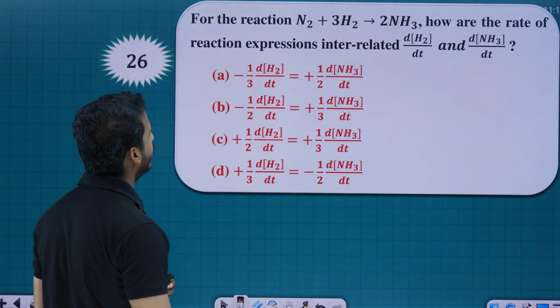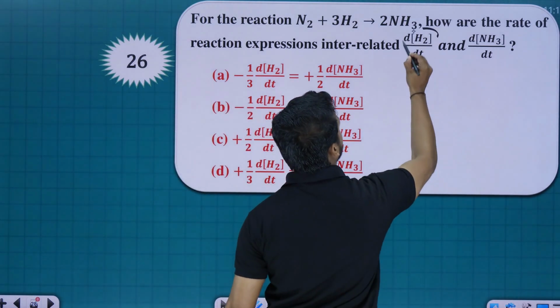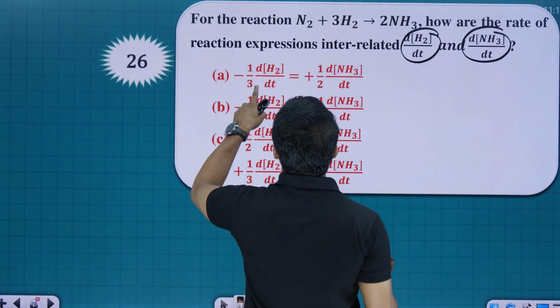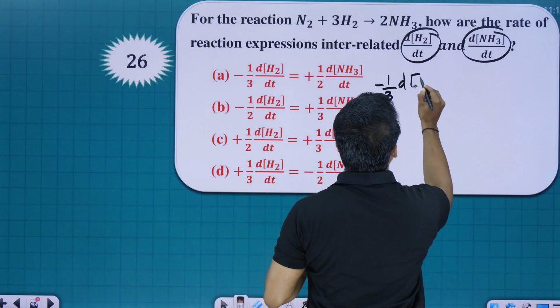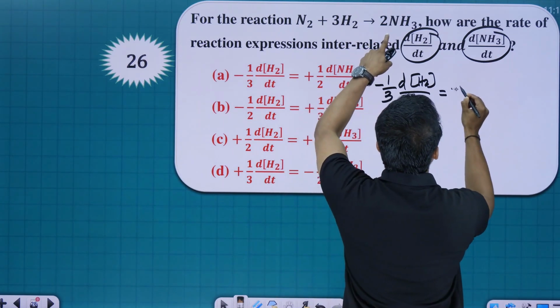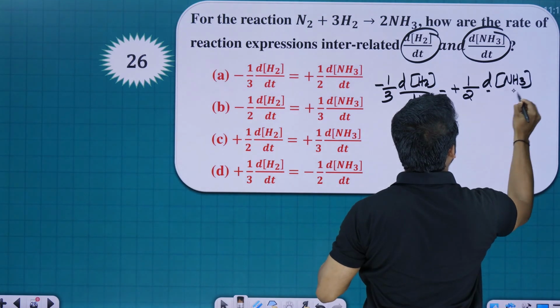Next one, for the reaction N2 plus 3H2, how is the rate of reaction expressed? dH2 by dt related to dNH3. Already we discussed that. Anyway, in terms of hydrogen, how do we write? Minus 1 by 3 into dH2 divided by dt is equal to, in terms of ammonia, plus 1 by 2 into dNH3 divided by dt.